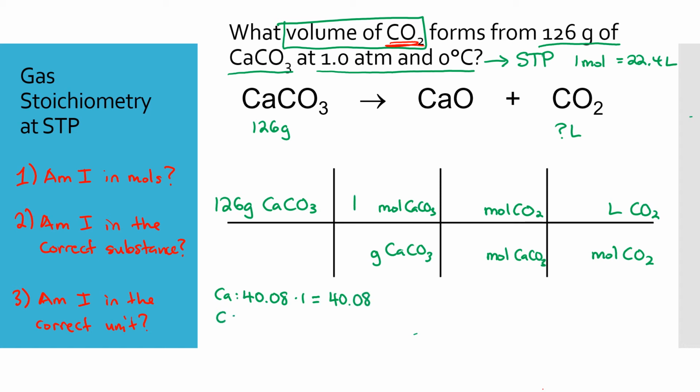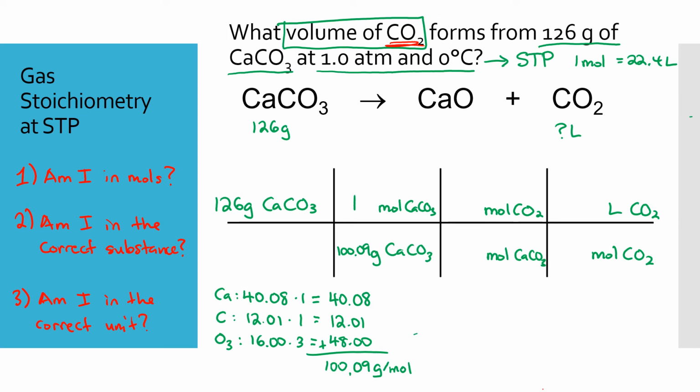So to find molar mass, I go to the periodic table and round those values to the hundredths. So I only have one of those. I have 1 carbon. The value is 12.01. I have 3 oxygens. 1 oxygen is 16, and it is times 3. That gets us 48. Add it all up. I get 100.09 grams per mole. So I put the 100.09 there.